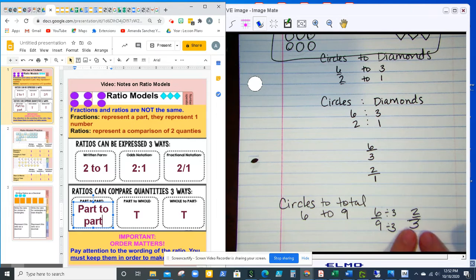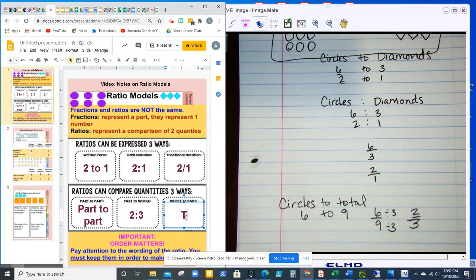Usually, if we want you to simplify, we'll state the ratio in simplified form. So I'm going to put that right here. And remember, you can write it with a colon, with the word to, or in fraction form. Any of those 3 ways is correct.